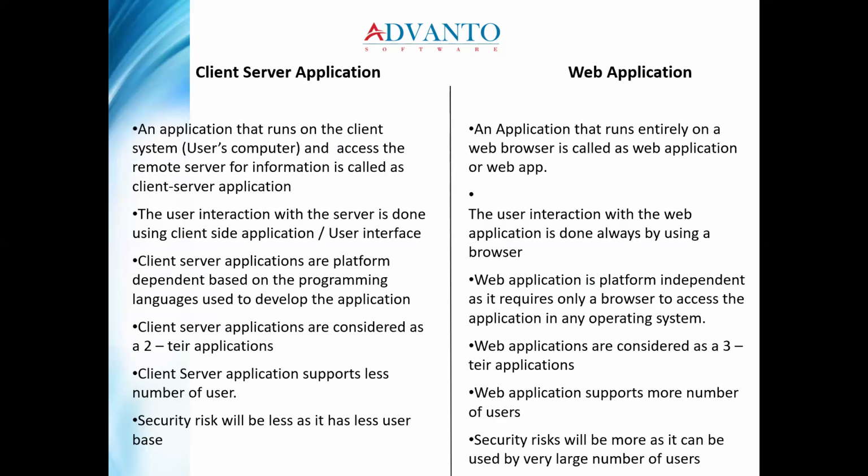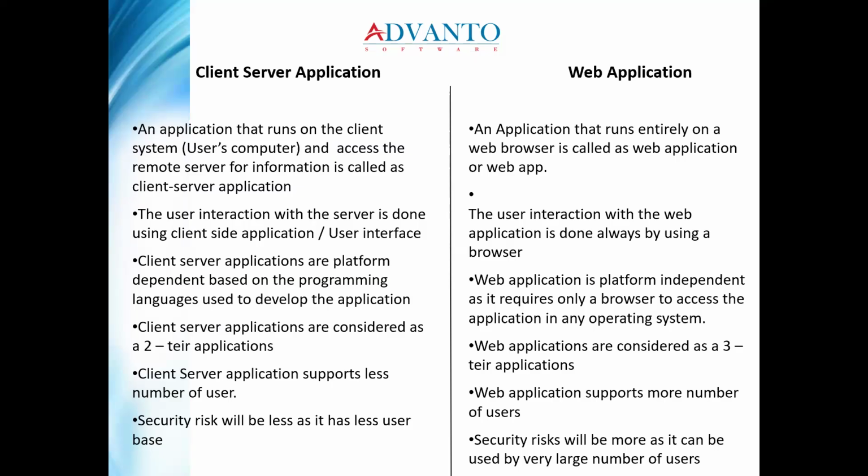A client server application runs on the client system, that is the user computer, and accesses the remote server for information. An application that runs entirely on the web browser is called a web application or web app. The user interaction with the server is done using a client-side application or user interface.